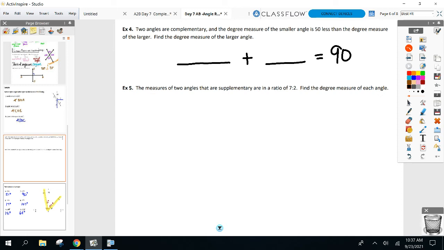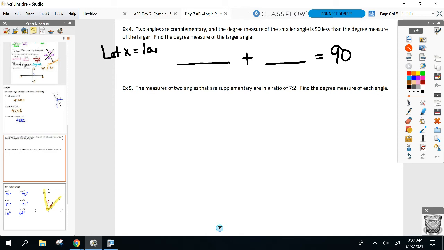There's no wrong answer here, but the second angle is going to be based on it. So I'm going to let X equal, do we have a class decision here? Do we want it to be the larger or the smaller? We already know the measure of the smaller is 50 less than the degree measure of the larger. So should we make X the larger or the smaller? Okay, we'll go larger, that's fine.